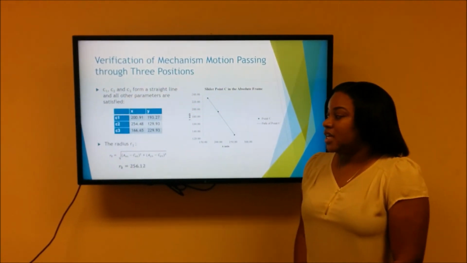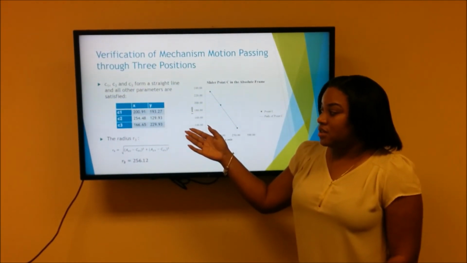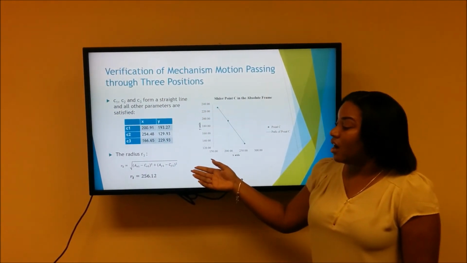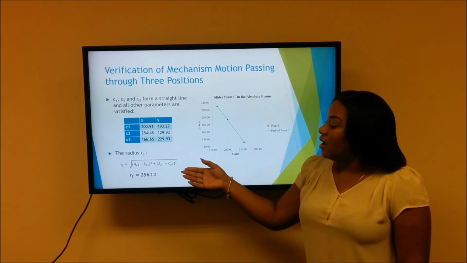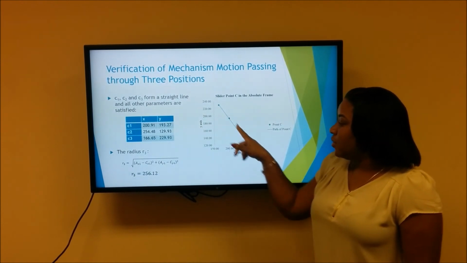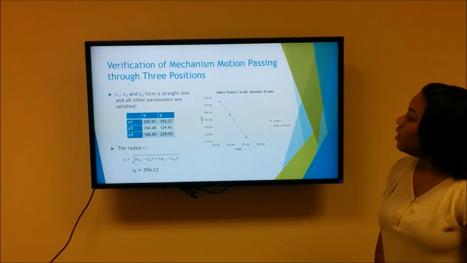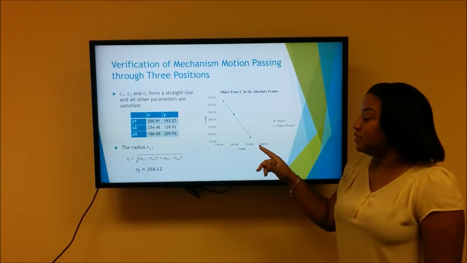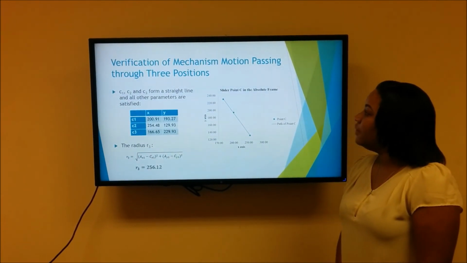Then we were able to obtain values for C2 and C3. And here we found R3, which was our last unknown. Here you can see the diagram depicts how point C1, C2, and C3 formulate the straight line that is needed.